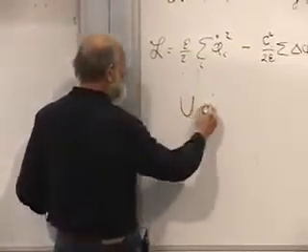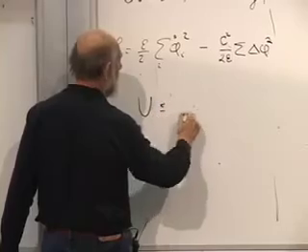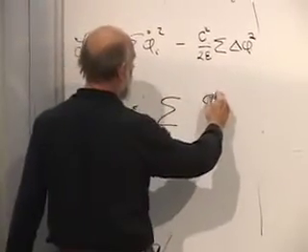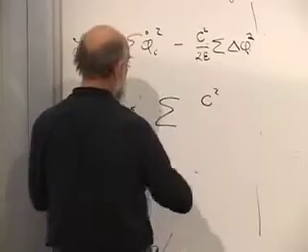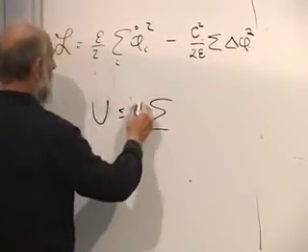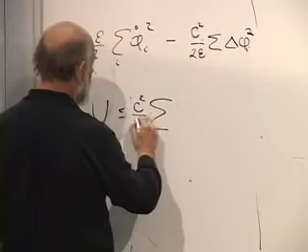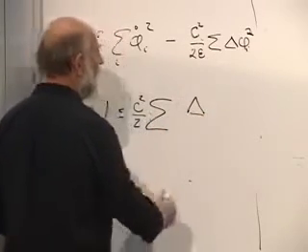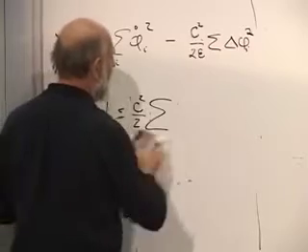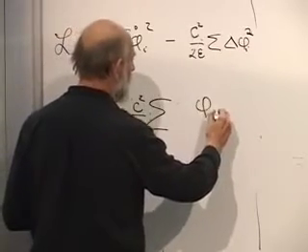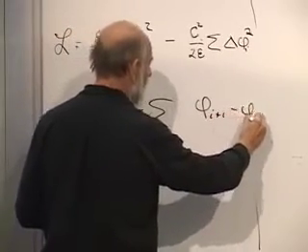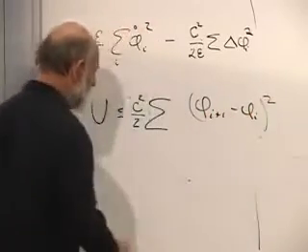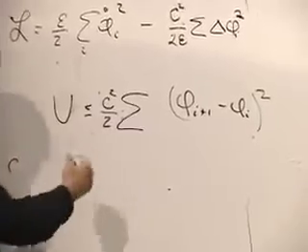That's equal to the summation of c squared, well, let's take the c squared outside, over 2, delta phi i, that means phi of i plus 1 minus phi of i, squared, divided by epsilon.